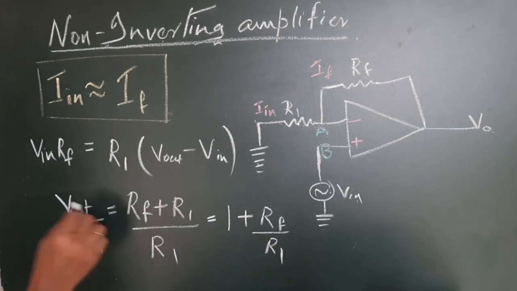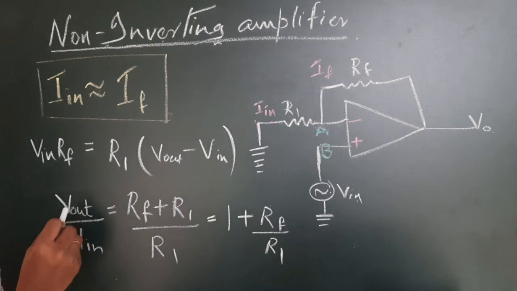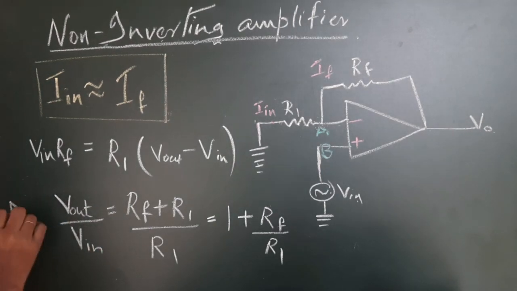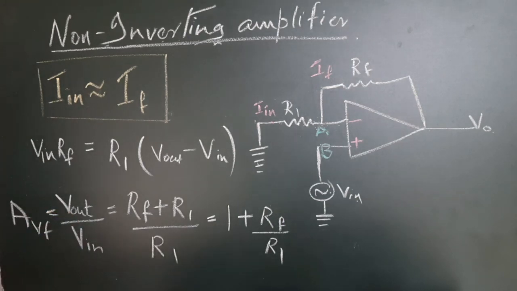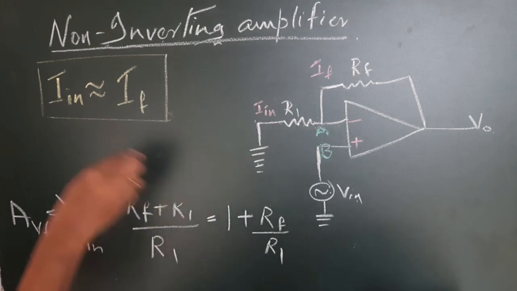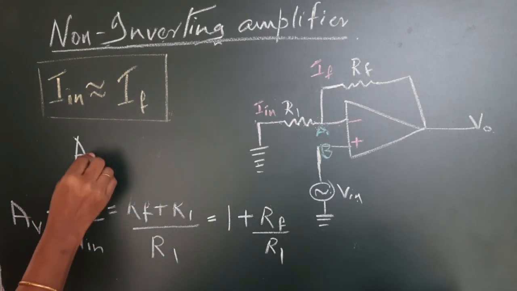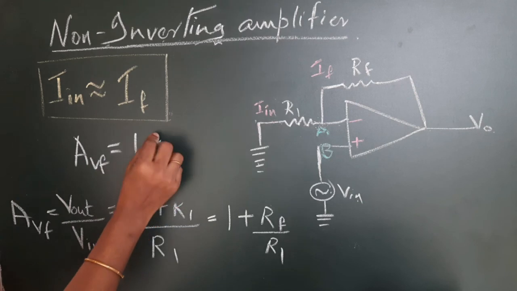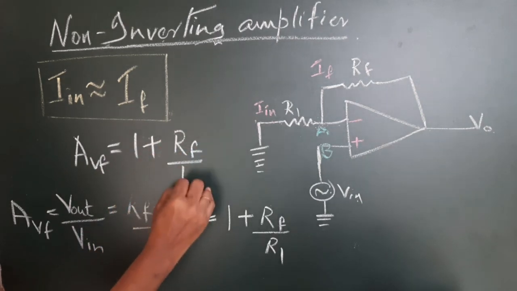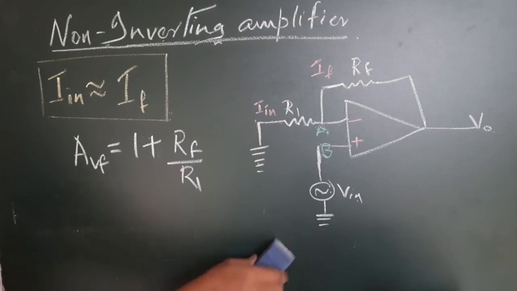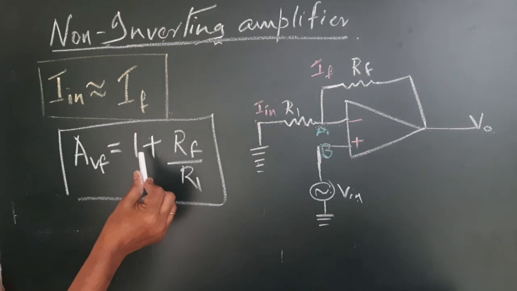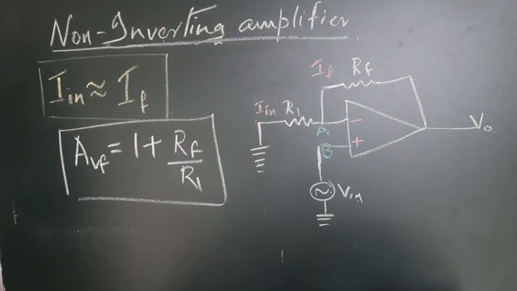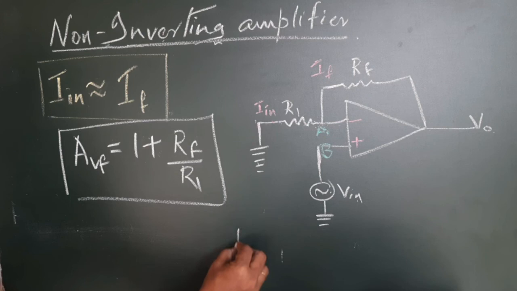So this is the final expression for the gain V out by V in. This we will call AVF, the voltage gain with feedback. So as far as this non-inverting amplifier is concerned, AVF is equal to 1 plus RF by R1. Please remember this equation. In the case of a non-inverting amplifier, AVF is equal to 1 plus RF by R1, and in the case of an inverting amplifier, it was minus RF by R1.